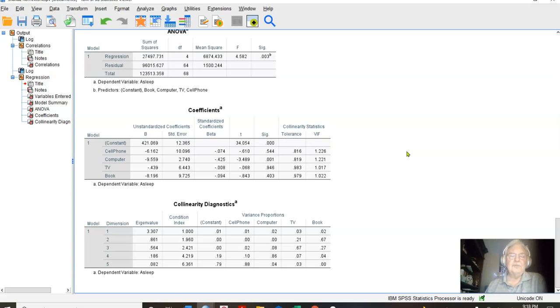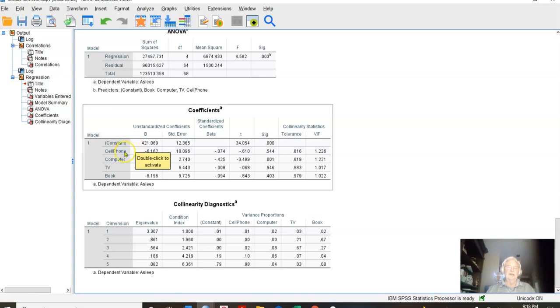What this is telling us is that the more time you spend on these, an extra hour of cell phone, reduces your sleep by 8 minutes.